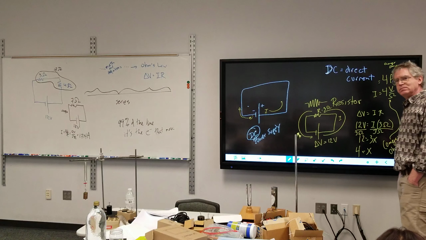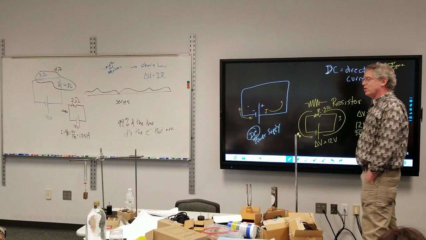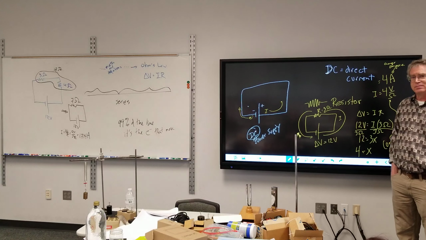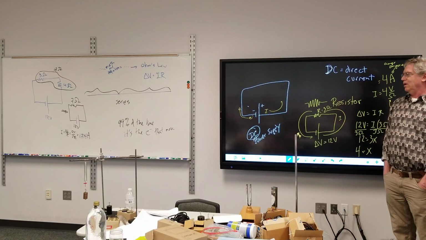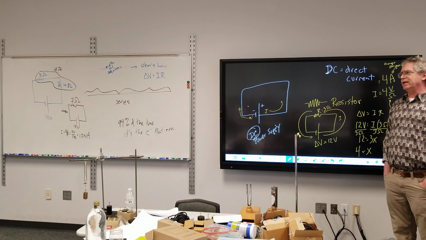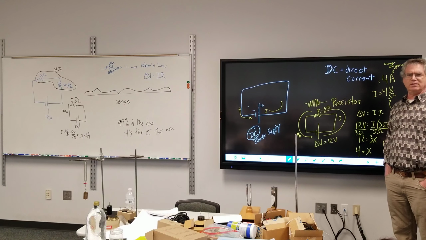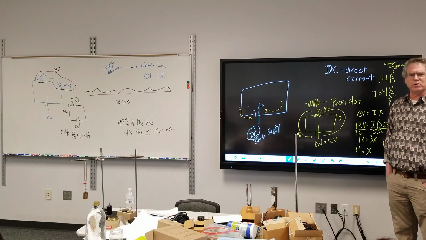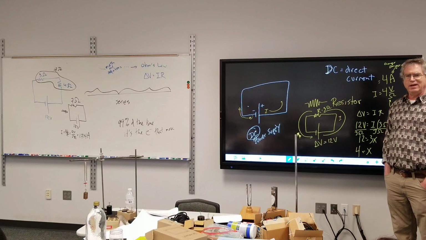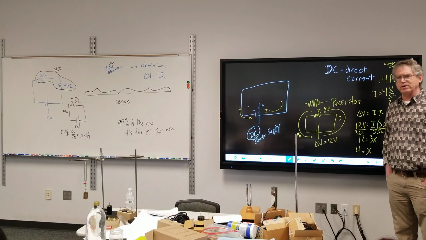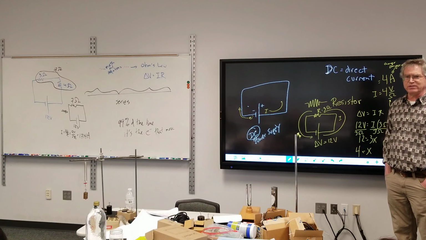What does AC stand for? Alternating current. There was the big fight a hundred-some years ago when they were trying to decide what the US was going to do, AC or DC. Edison, the big powerhouse, was trying to go for DC, because he had invested a great deal in DC.